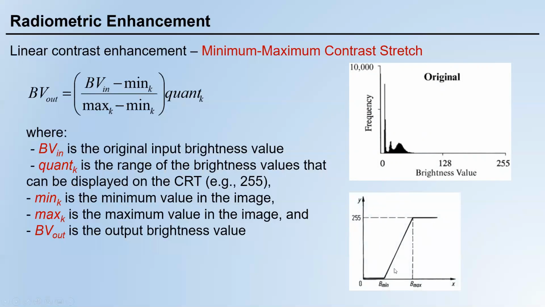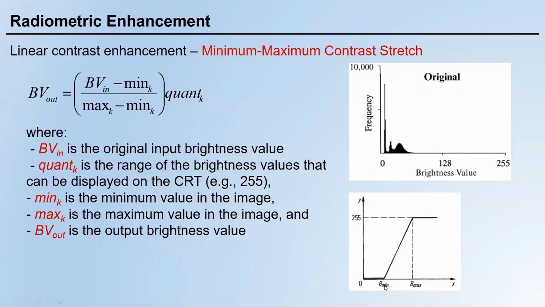Here we use another chart to show you the process of min max contrast stretch. In this figure, the horizontal axis is for the pixel values of the input image, or the original image.